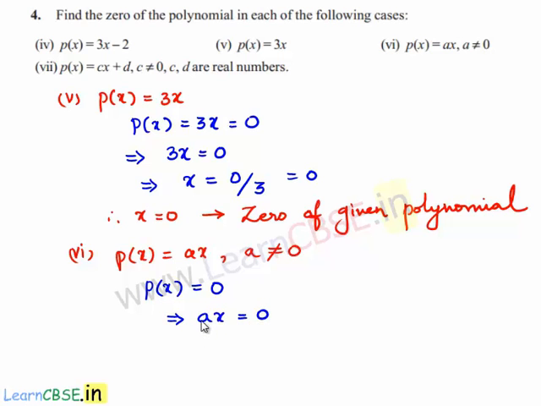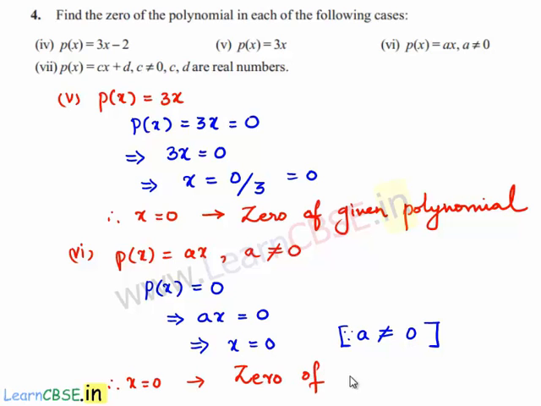Now we can judge that a is not equal to 0 because it is mentioned in the question. So x must be surely equal to 0 because a not equal to 0. Therefore, x is equal to 0 is the required zero of the given polynomial p of x.